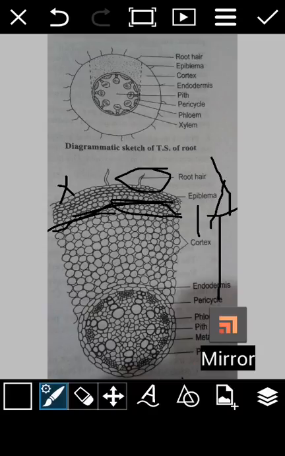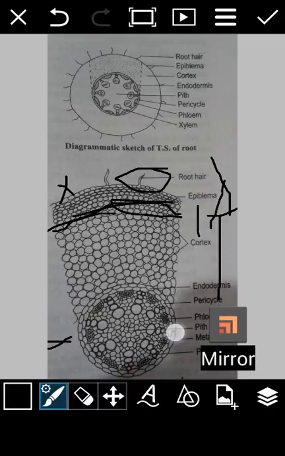Number 3. Endodermis. The inner layer of cortex is called endodermis. Here you can see these barrel-shaped cells. These barrels are endodermis. Since they are barrel-shaped, they have less intercellular space, or we can say there is absence of intercellular space.